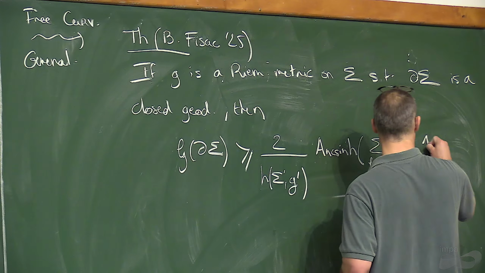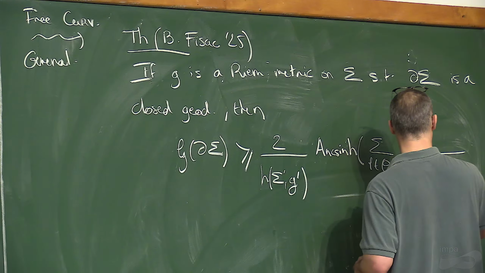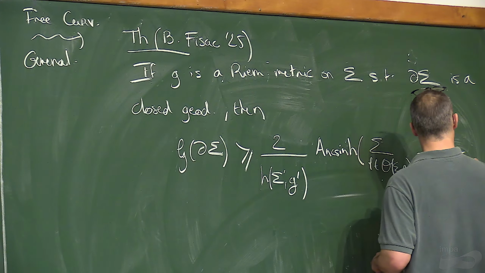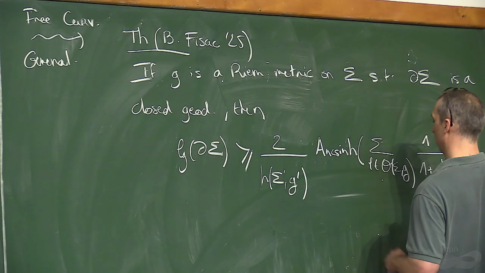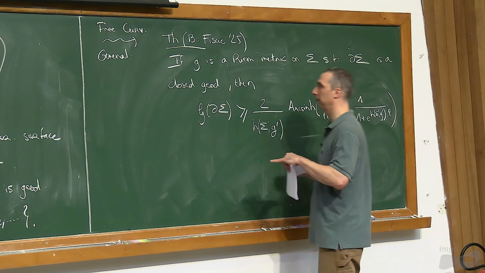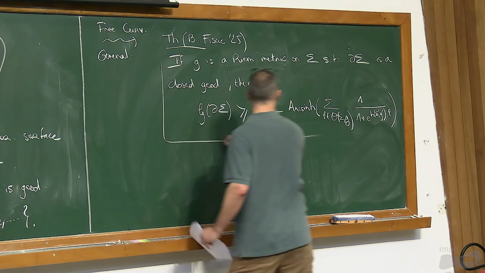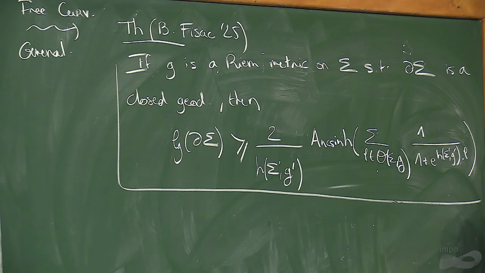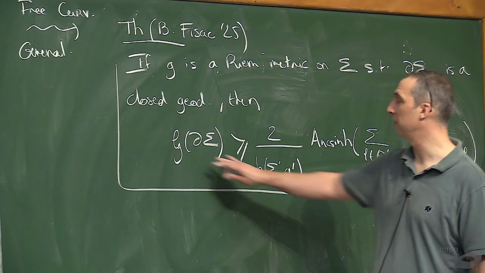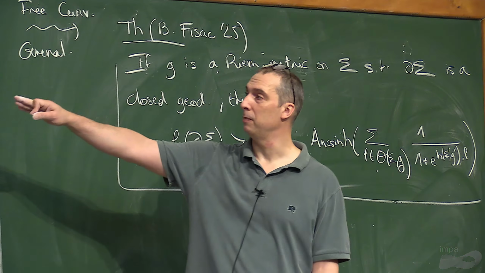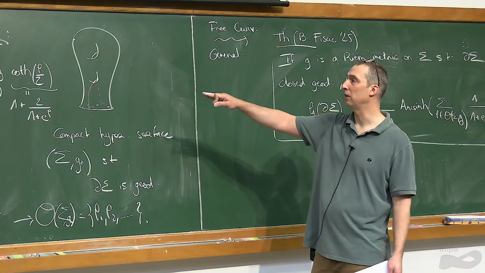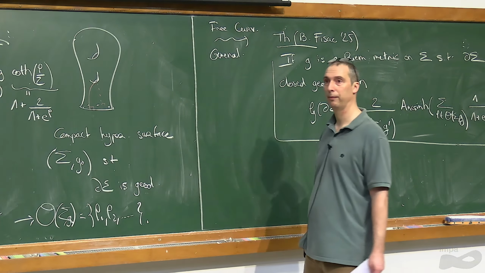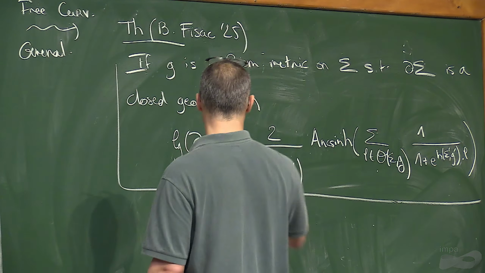Okay, 1 over 1 plus exponential of this entropy times the length of the curves which are here. Okay. So there is some kind of generalization which is obtained by multiplying the length which appears in this Basmajian identity by some entropy. Okay, so what is sigma prime?